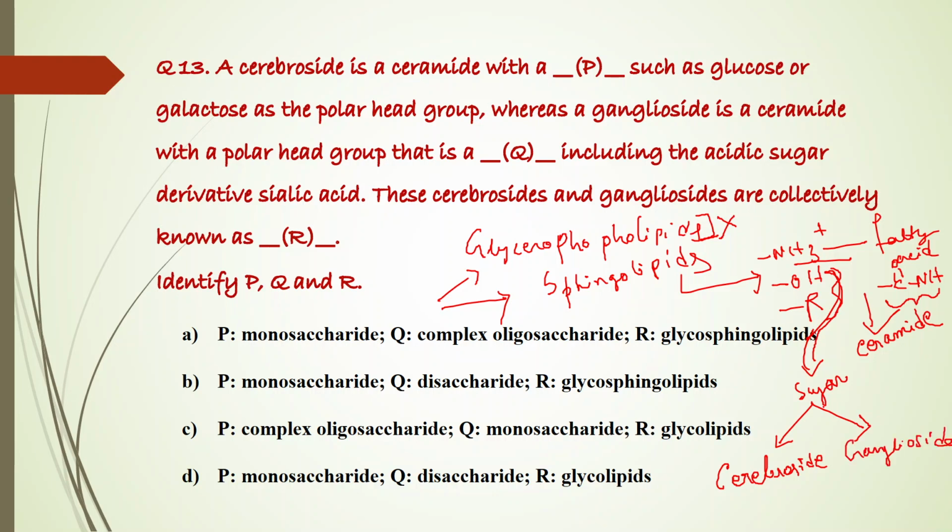If the sugar that you are attaching is a monosaccharide, then we will call them cerebroside. If the sugar that you are attaching is a complex saccharide, then we will call them ganglioside.